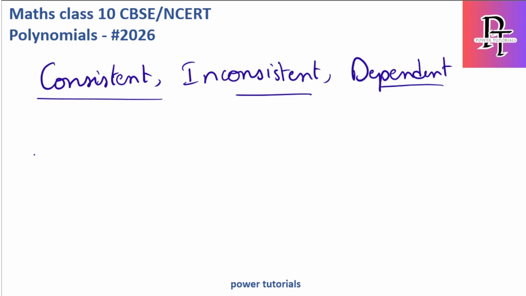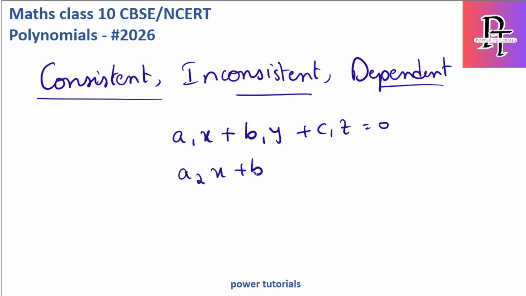We understood that the chapter belongs to a pair of linear equations of two variables. So let us write the standard form of a linear equation: a1x plus b1y plus c1 is equal to 0. This is the first linear equation. The second linear equation is a2x plus b2y plus c2 is equal to 0.